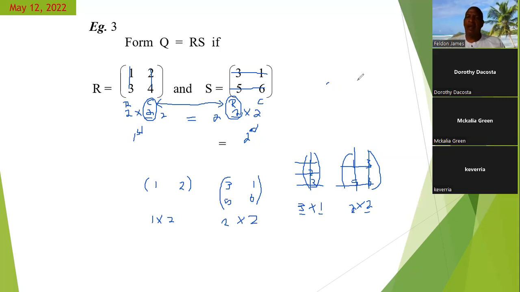Yes. Right. Now the next part we are looking at is whether or not these 2 matrices can be multiplied. What do you think? Do you think you would be able to multiply these 2 matrices together? Yes, sir. I think so.